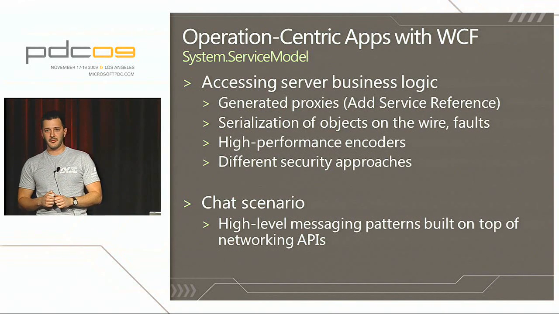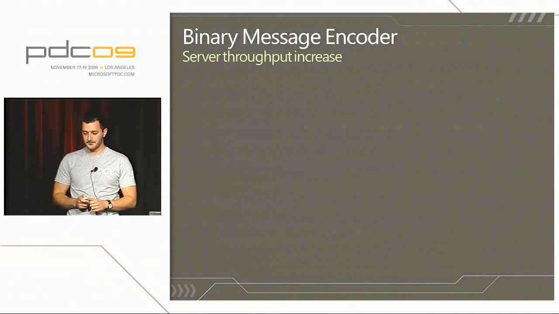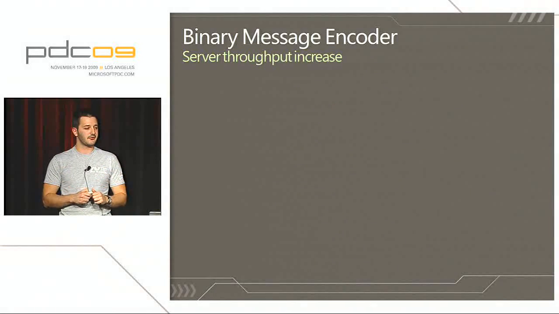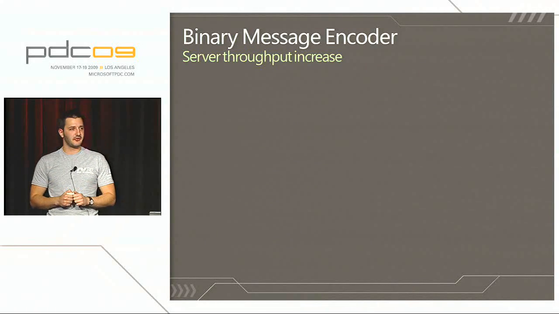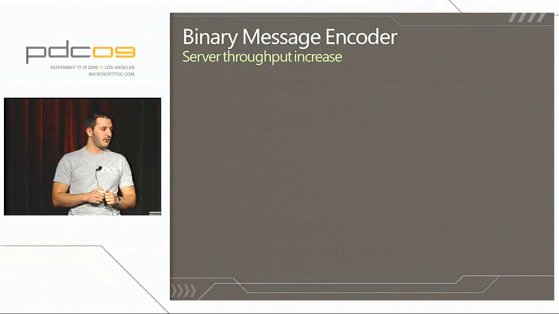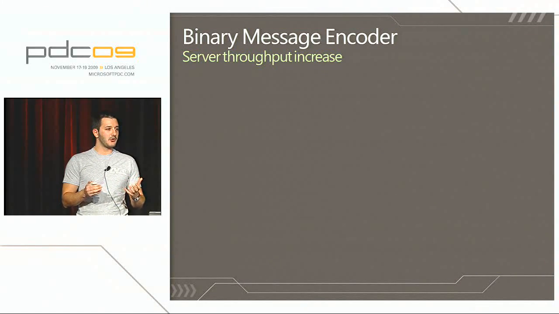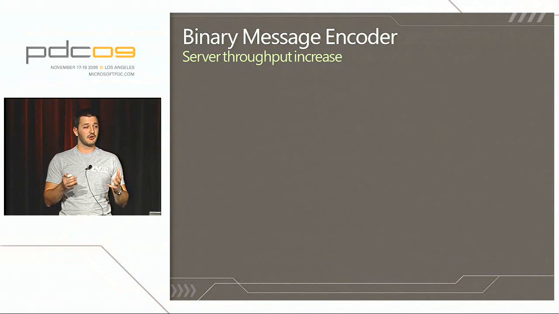So let's talk about some of these WCF features. I mentioned we have performant encoders. Let's talk about the binary message encoder. The binary message encoder is something that we introduced in Silverlight 3. So if you used Silverlight in version 2, all the messages that were being exchanged between a WCF service and Silverlight were all text-based messages.